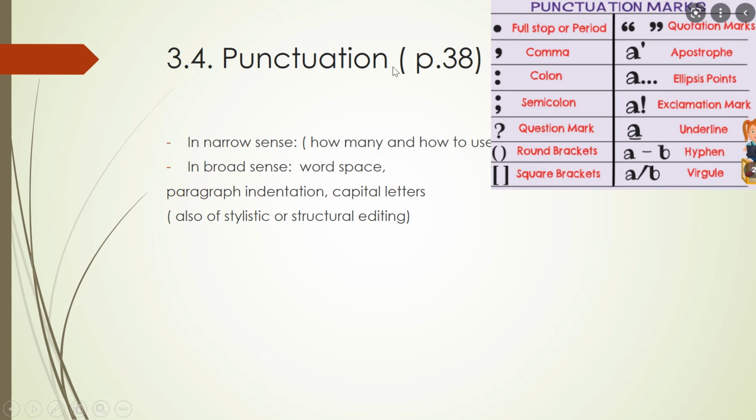In the broad sense, punctuation is a concept that also covers word space like this one, between two words, or the paragraphing, indentation, capitalization. Though this one can be the concept of stylistic and structure editing too. So, in the first three sections, we talked about the grammar, the spelling, and now the punctuation. They are all kinds of mistakes that you should copy edit when you are doing editing.